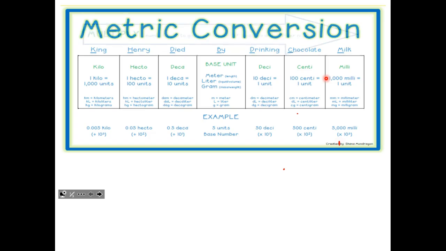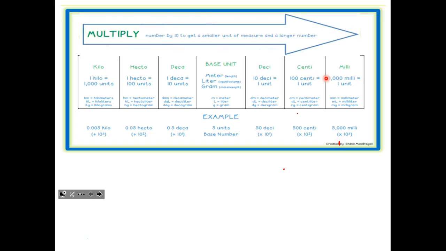So here's a quick tip to remember how to get from a larger prefix to a smaller prefix. When you're going this direction to the right, like I have here on my chart, you're going to a smaller unit, right? Kilo is the largest unit. And when you go from a larger to a smaller unit, your number is going to get bigger.